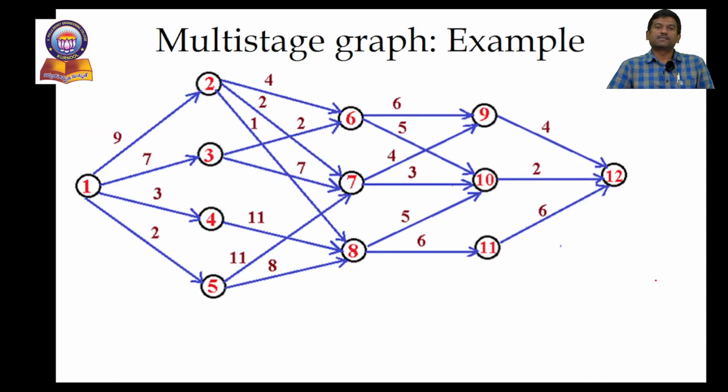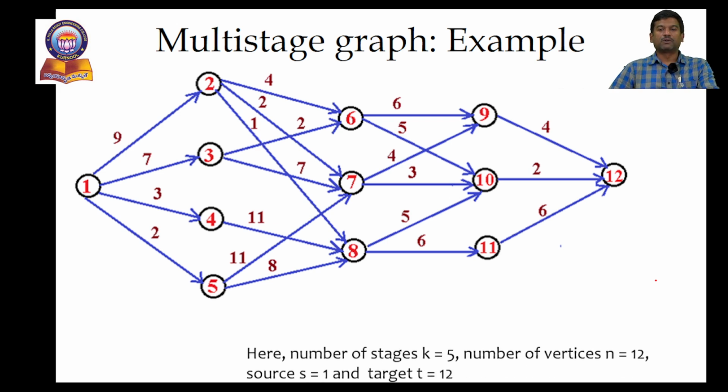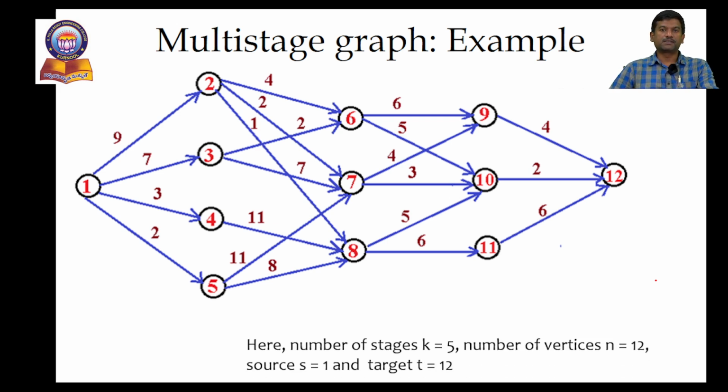Consider a given graph. You can assume the number of vertices present, that is n equals 12, and k equals 5 stages, and the source is vertex 1 and the destination is vertex 12.